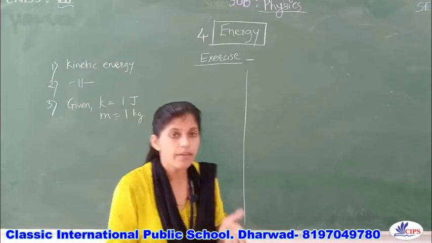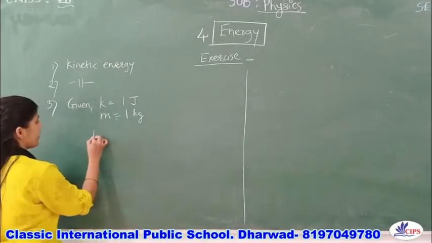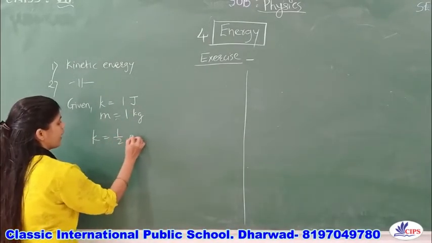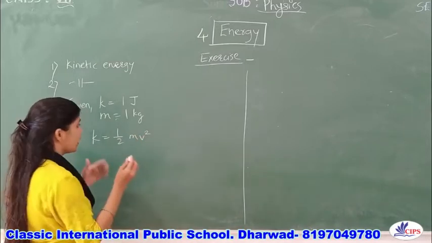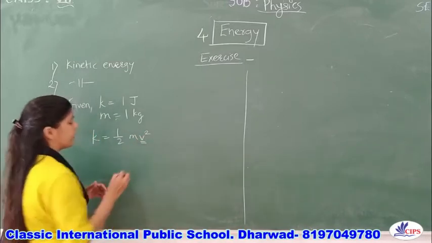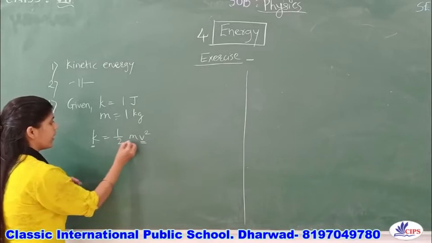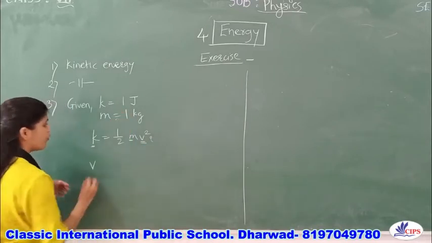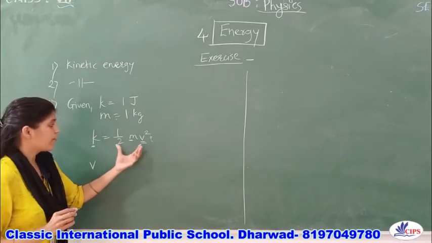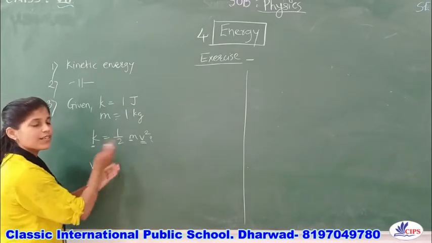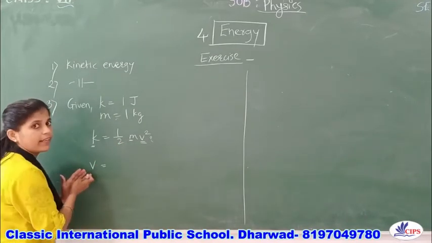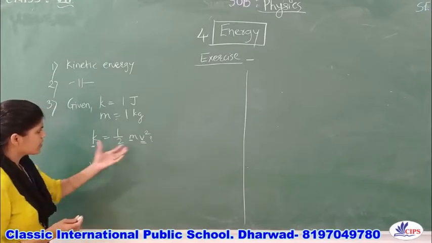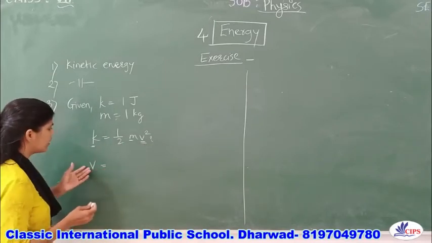So we know children, from the same formula, K is equal to half mv square. Now what do they ask? They ask for this quantity. We know about this quantity and this quantity, right? They ask about this, so directly we will write V using the same formula. V will come to this side. We will change the side of V. So what will the formula become after V comes to this place?